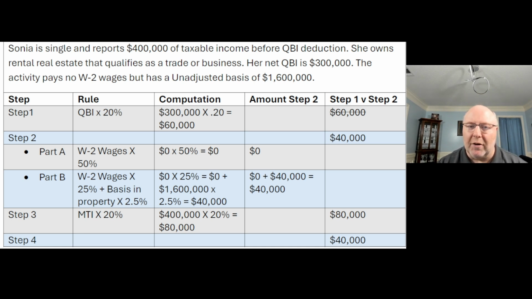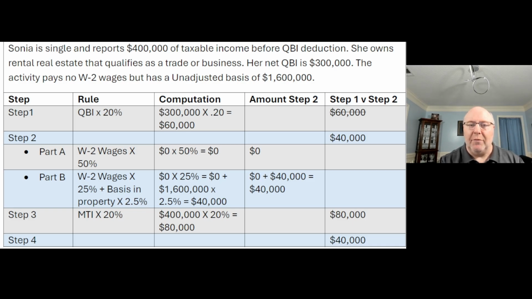All right, now we go to step two. Step two is where we take the 50% of W-2 wages, but here we don't have any W-2 wages. So 50% of zero is zero, and 25% of zero for part B is still zero. So for part A, our answer is zero.